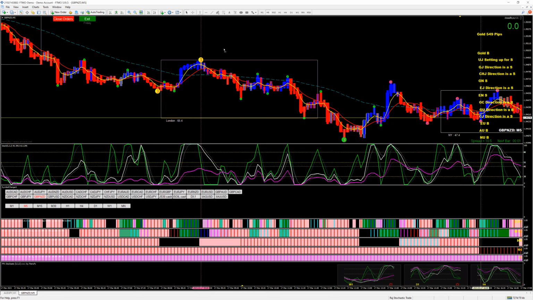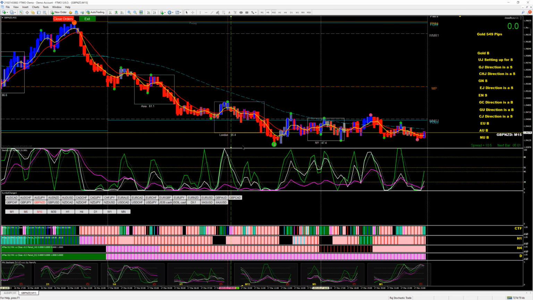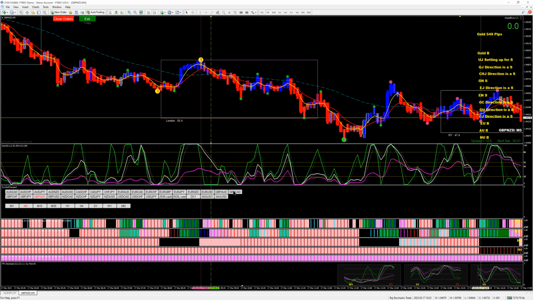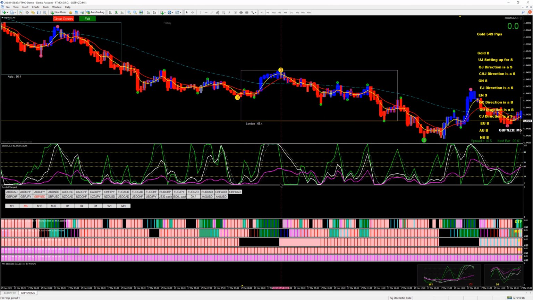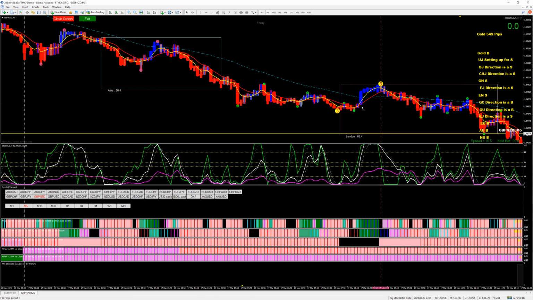So we can look at the 15-minute chart and see a peak. Go back to the 5 minute. The 5 minute peaked over here, so you can see. And then the 4 hour peaked over here. It peaked here. Where was that depicted?